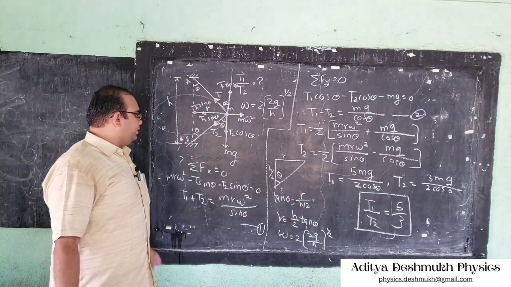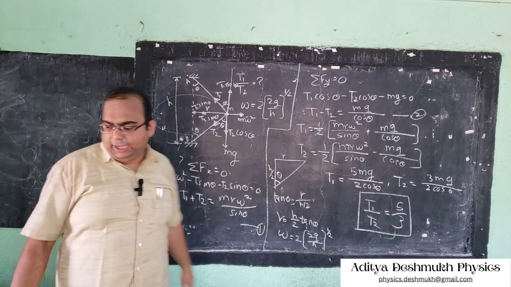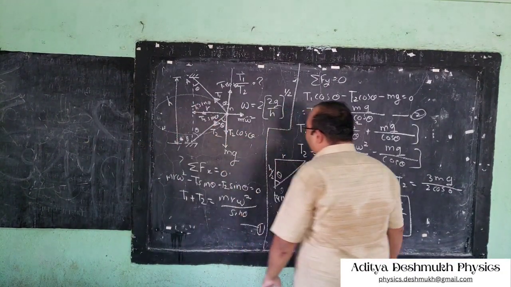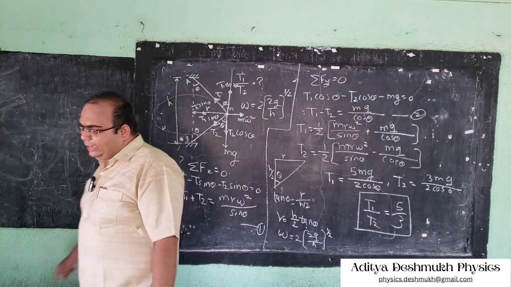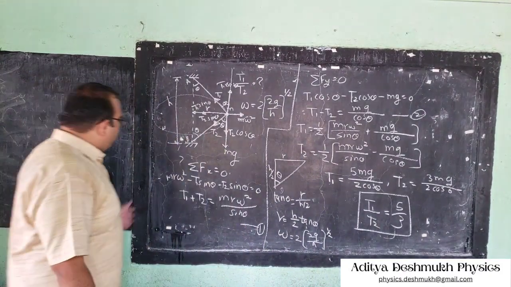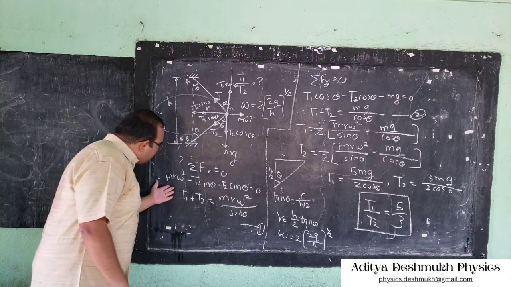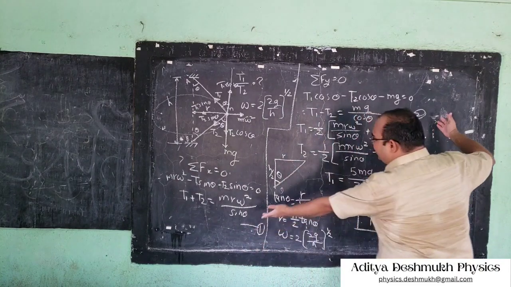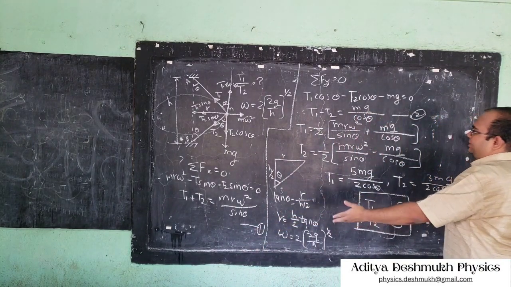Answer is not difficult. See, if you look at the system, it may look a little difficult to someone, but once you find the forces and draw the free body diagram, you only have to do addition. I am just adding the forces and solving the linear equations which we have been solving from 8th standard.